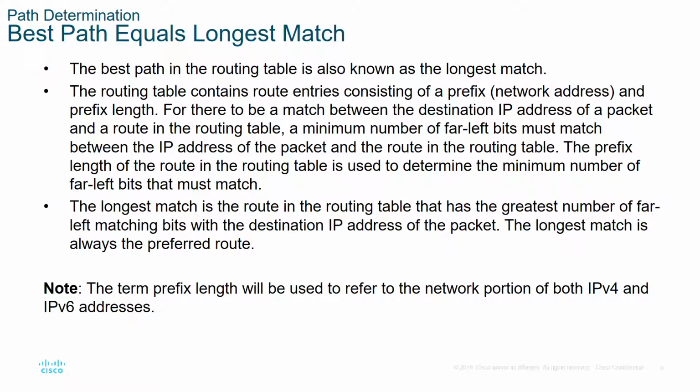The prefix length of the route in the routing table is used to determine the minimum number of far left bits that must match. The longest match is the route in the routing table that has the greatest number of far left matching bits with the destination IP address of the packet. The longest match is always the preferred route. Note, the term prefix length will be used to refer to the network portion of both IP version 4 and IP version 6 addresses.